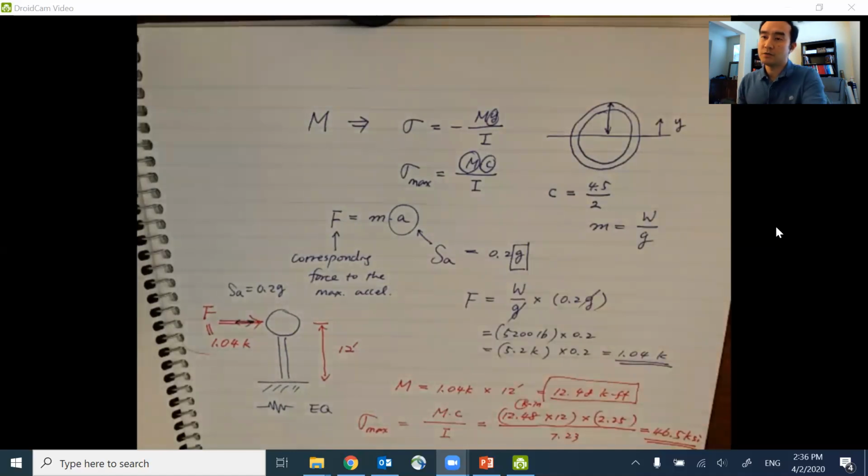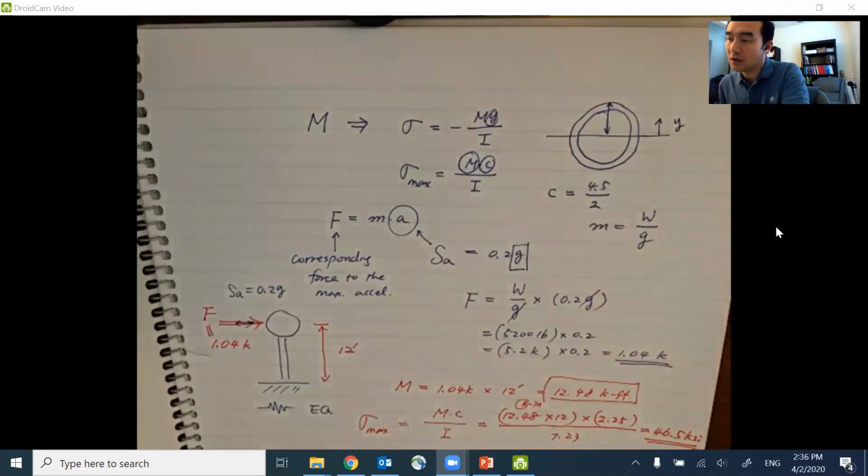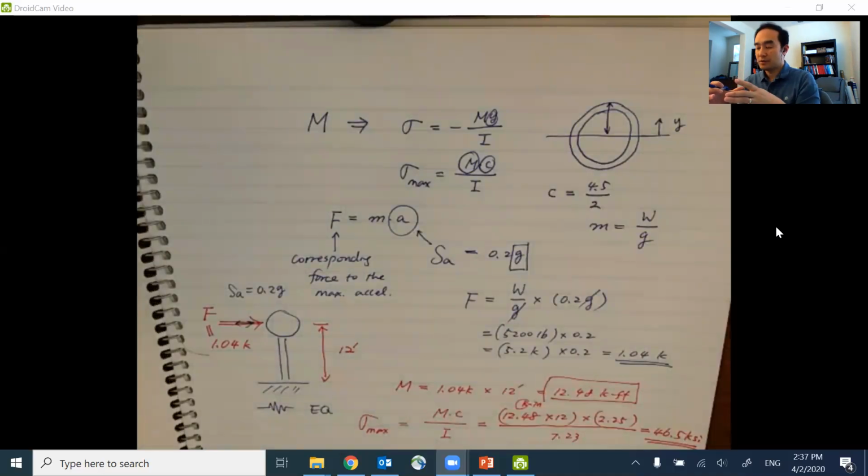Now, example 6.3 says that the stress computed in the previous example, 6.2, exceeded the allowable stress. The allowable stress might be a material property of the steel. And the designer decided to increase the size of the pipe to 8-inch nominal standard steel pipe. Initially it was 4.5-inch standard steel pipe.